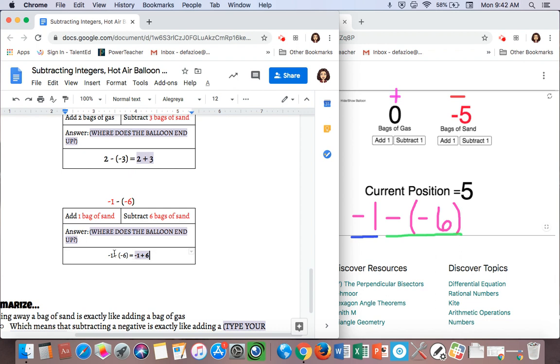Because again, subtracting negative, taking away bags of sand, is the exact same thing as adding gas, because taking away bags of sand is making your hot air balloon rise up higher because that weight isn't there anymore. That weight isn't making the balloon sink anymore. Taking away 6 bags of sand, just like we just did, is identical to adding 6 bags of gas.